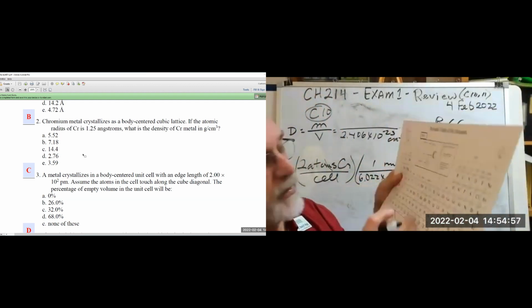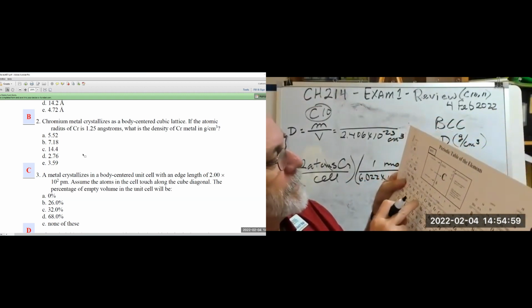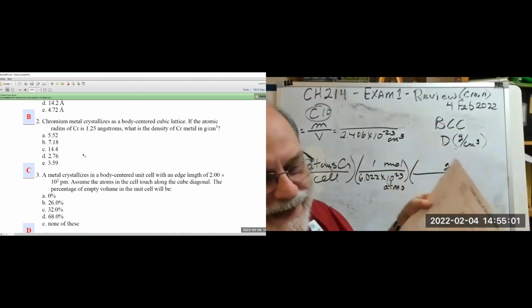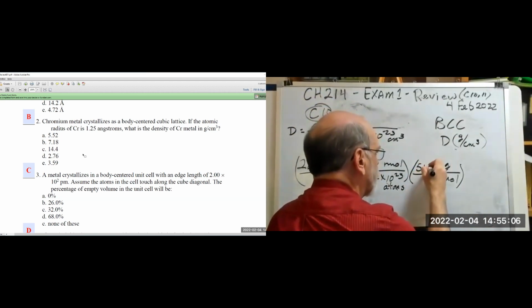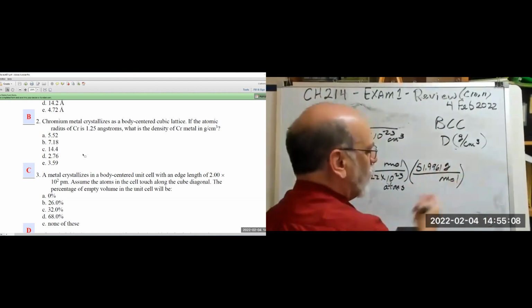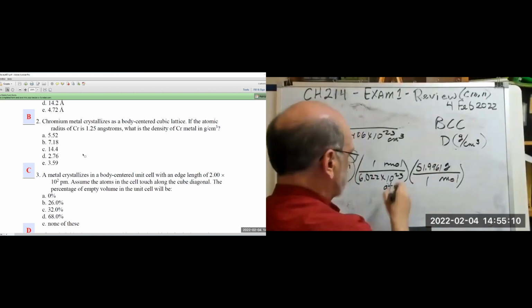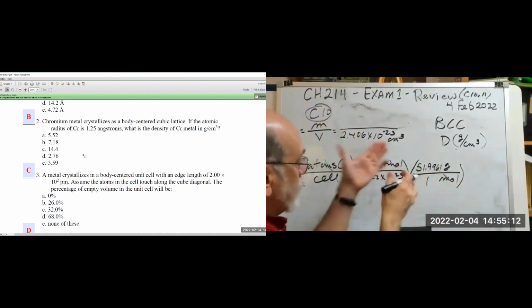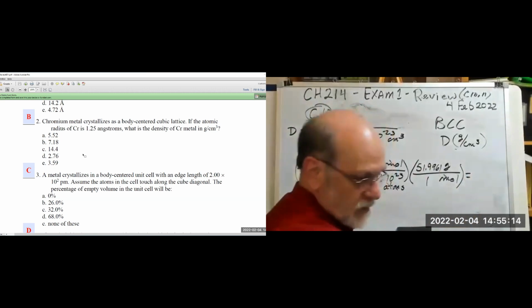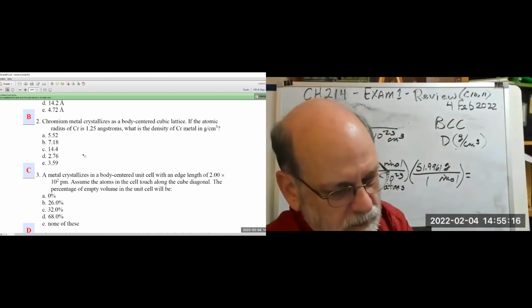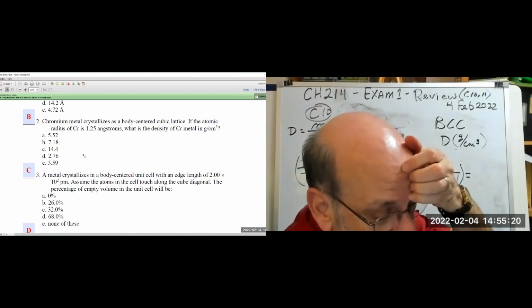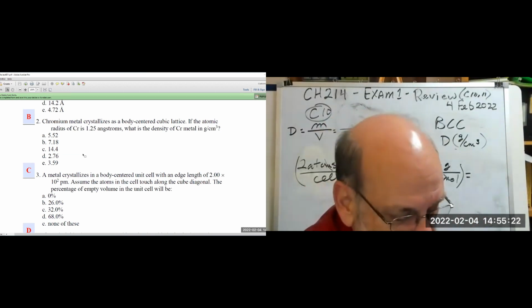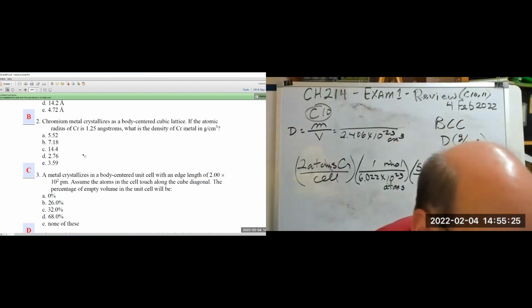Let's see. I'm looking at my periodic table. 51.996. 51.9961 per mole. Mole's gone, mole's gone. So now we got grams per unit cell. And that will be 1.727 times 10 to the minus 22.